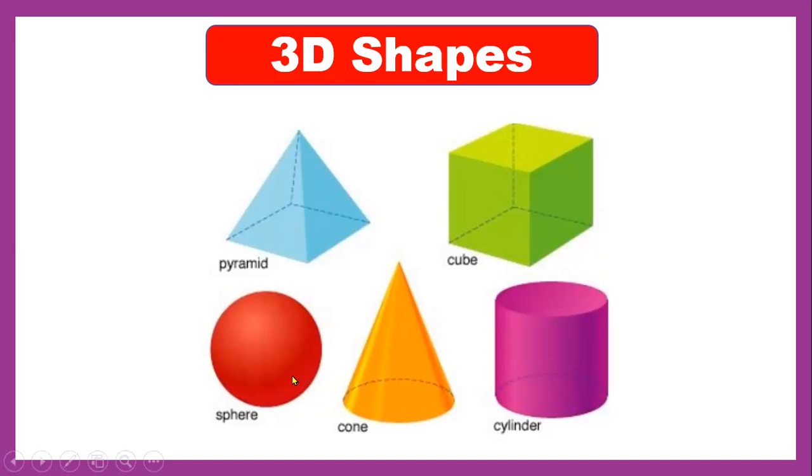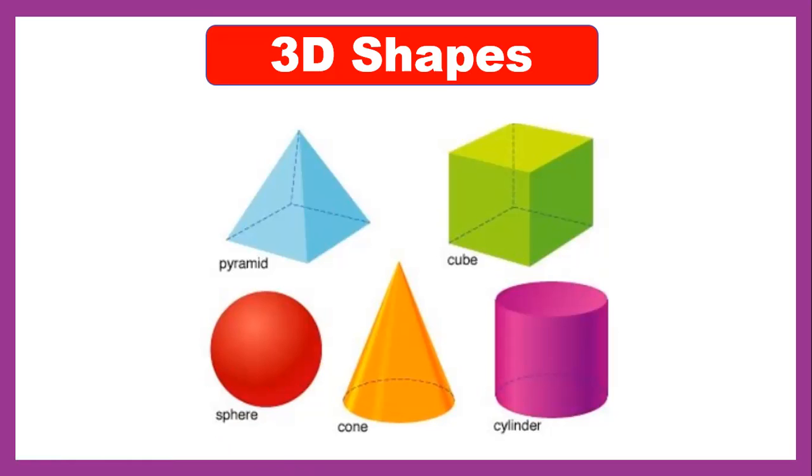Now look at this sphere. This has only one face and no vertices. The next is cone. The cone has two faces. The circle one, can you see this one? One, and this is the two. So two faces, and how many vertices?